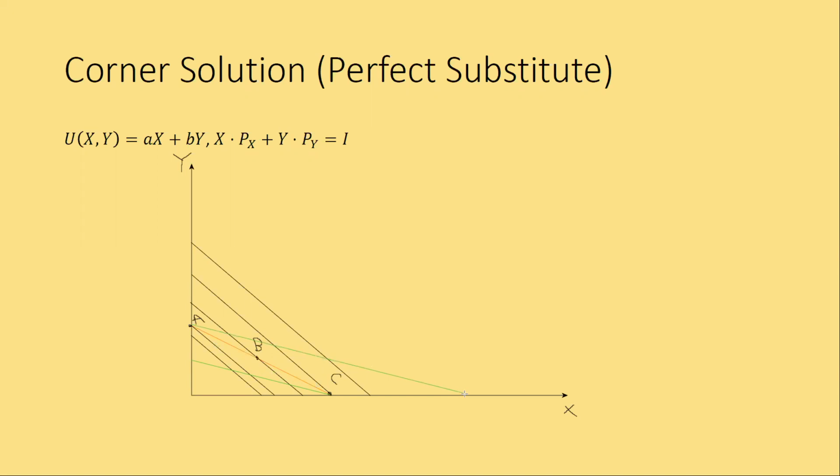So hypothetically speaking, if the indifference curves are the green lines, all right? Now, if the indifference curves are green lines, then consuming point C is giving the consumer the lowest level of utility possible for a point that is on the budget line.